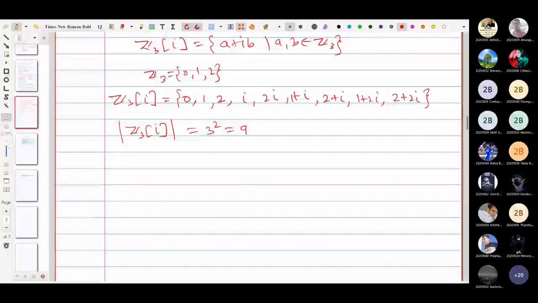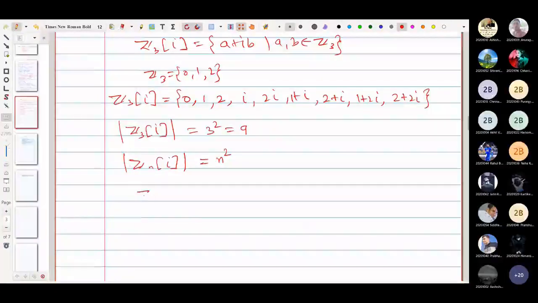And in general, the order of Zn[i] as a group is going to be what? n squared. Good. So this is going to be n squared.